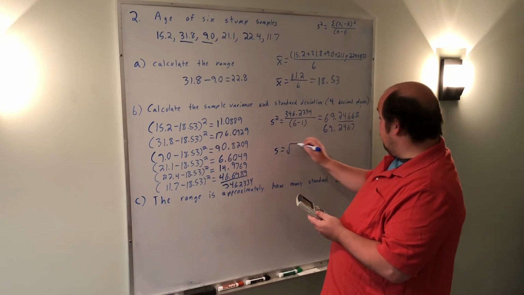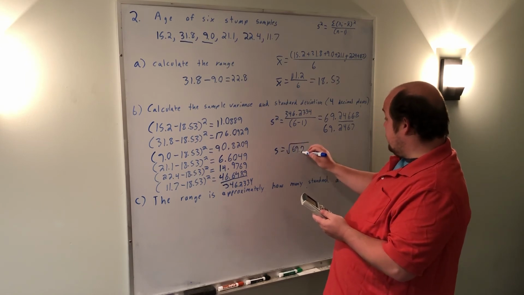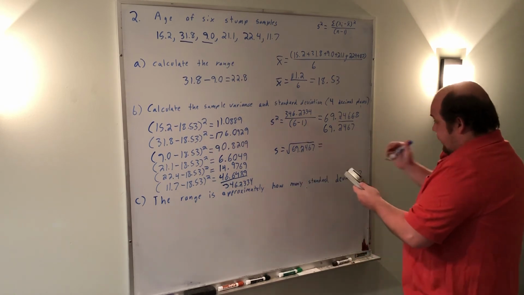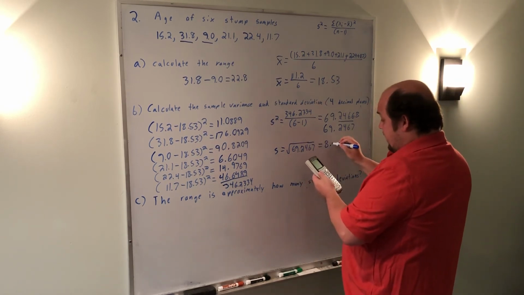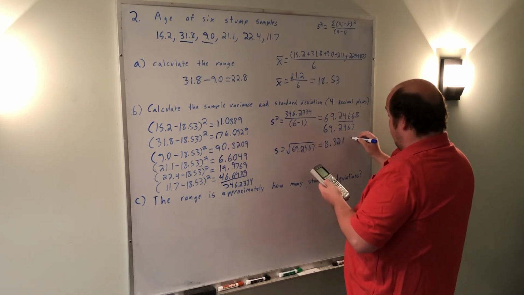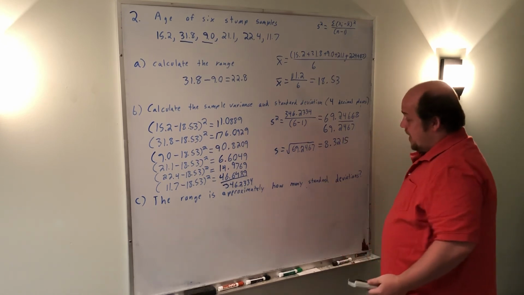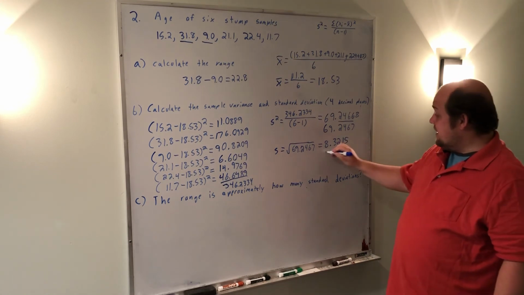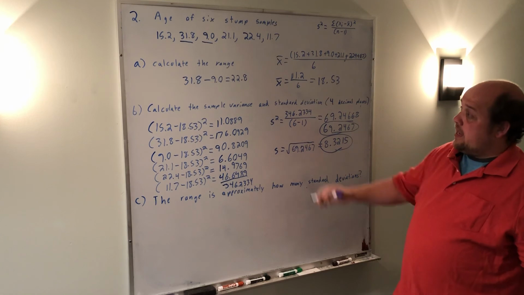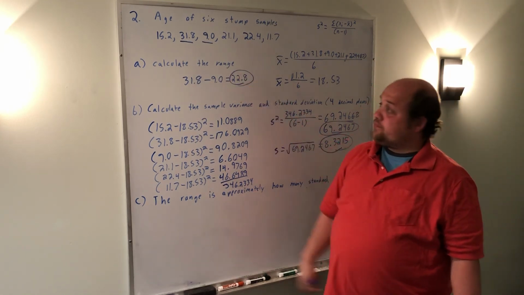If I then take the square root of that answer, s equals the root of 69.2467. For that, I get 8.32145, which I'm going to round to 8.3215. This is my standard deviation. This is my variance, and I previously found the range.